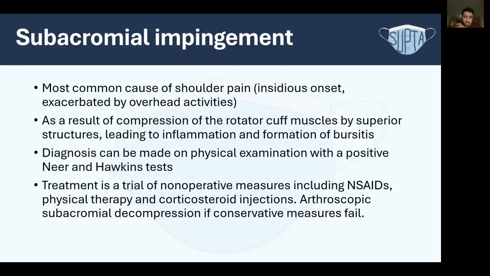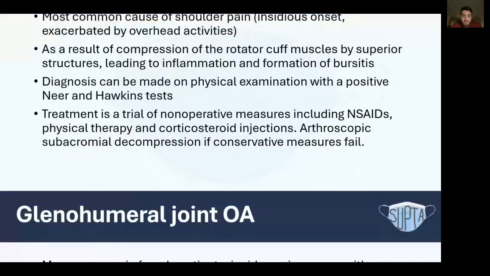And this is a clinical diagnosis, and you may find a positive Neer or Hawkins test confirming subacromial impingement. And the treatment is again similar: NSAIDs, physiotherapy, maybe corticosteroid injections. Arthroscopic subacromial decompression is also available if conservative measures fail.